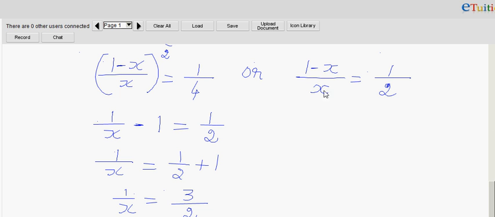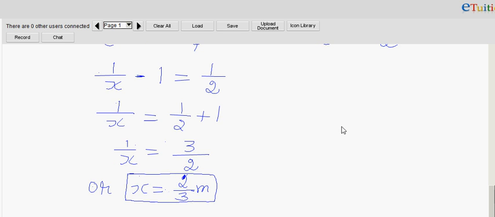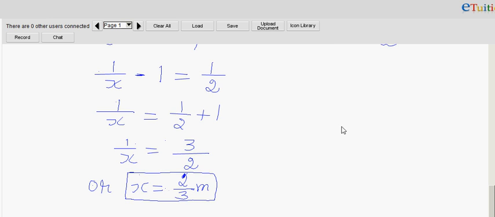Therefore, the electric field intensity is 0 at a point which lies at a distance of x equal to 2 by 3 meter from the 4q charge on the line joining the two charges.